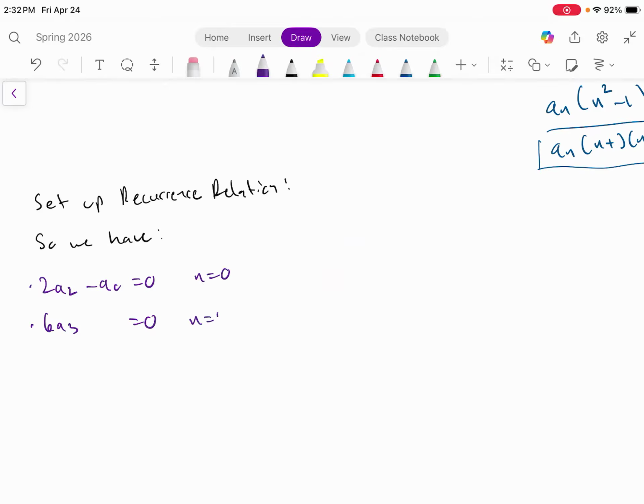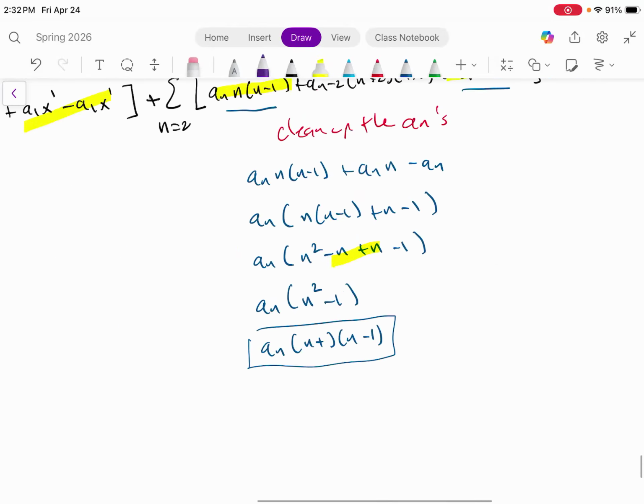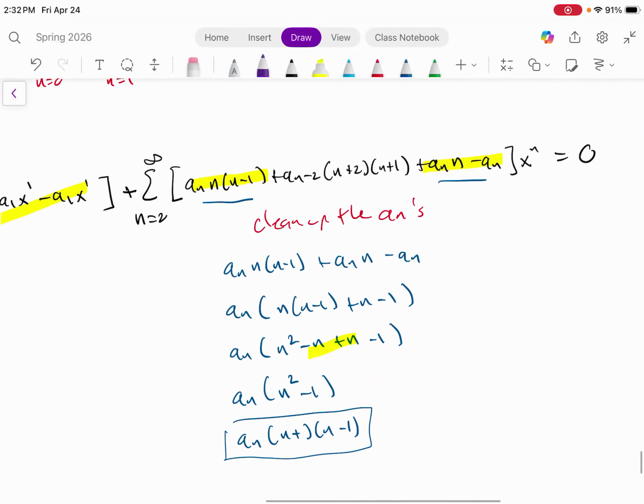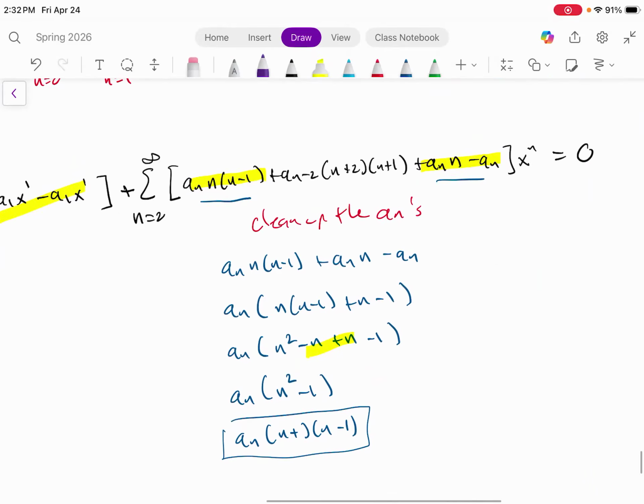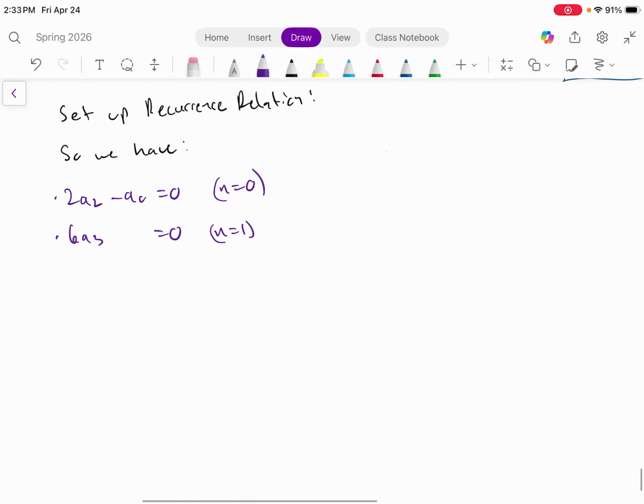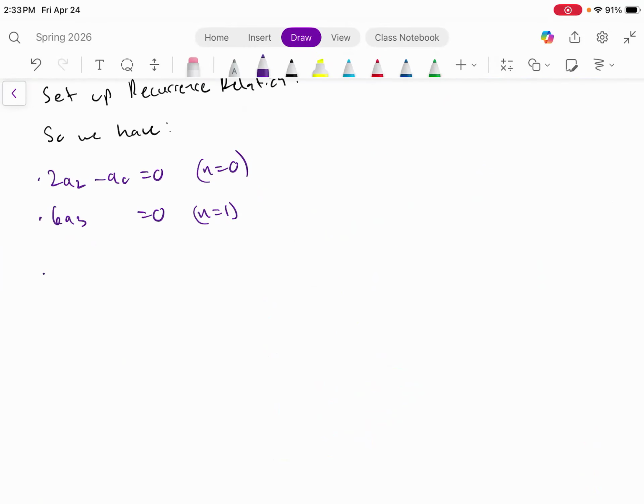This is for n equals 1. And then this whole term right here in the power series is going to be what's going to help me establish my pattern. So what it's going to be is a sub n times n plus 1 times n minus 1 plus a sub n plus 2 times n plus 2 times n plus 1 equals 0. And this is for n equals 2, 3, 4, etc.